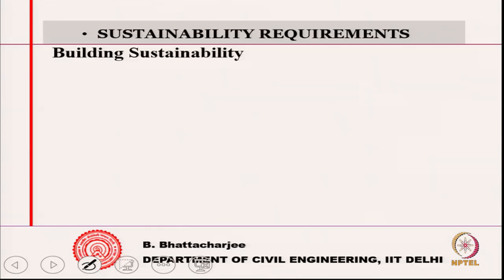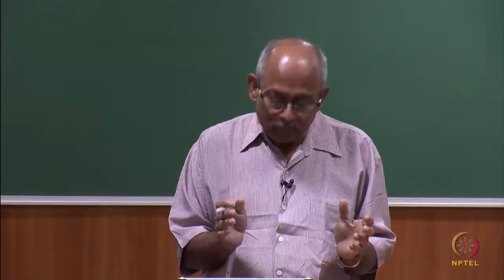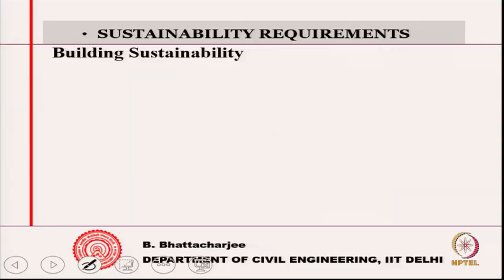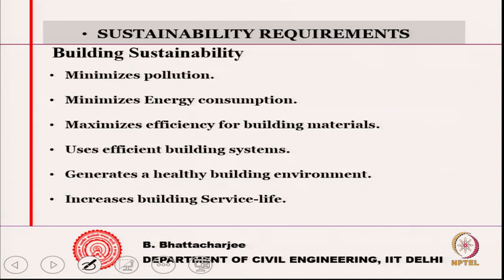So, based on these issues and the others we have discussed earlier, these are the sustainability requirements: minimize pollution, obviously this is one of them, minimize energy consumption, maximize the efficiency of building materials, efficient building systems, of course, and healthy building environment, and obviously service life should be as high as possible.